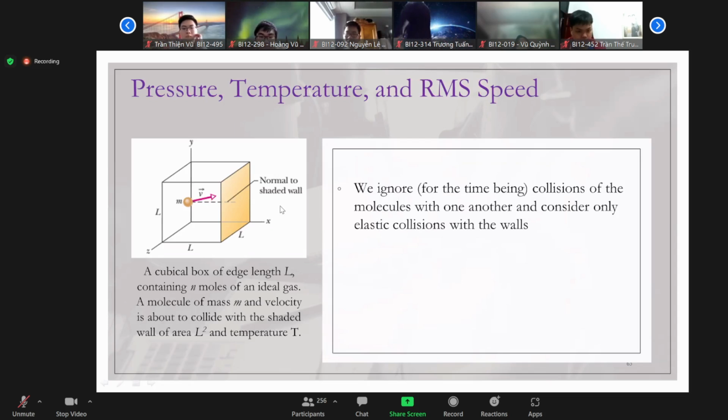And this box has edge length L. The mass of each molecule is m, and each molecule has a speed.